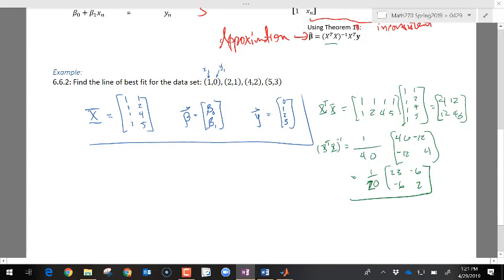Let's find out x transpose, we already know that. Let's apply x transpose to the y vector. So that's 1, 1, 1, 1, 1, 2, 4, 5, and the matrix is 0, 1, 2, 3.